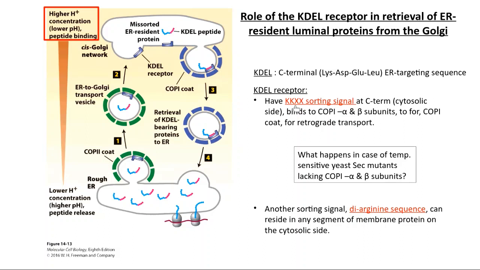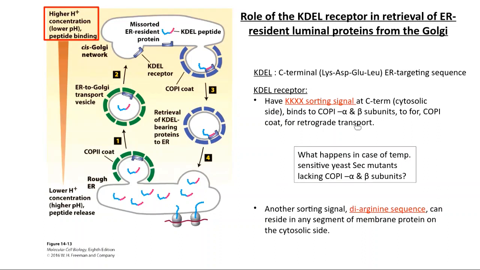These KDEL receptors have KKXX sorting signals at the C terminus. Okay, that is on the cytosolic side, binding to COP1 alpha and beta subunits for the COP1 coat for retrograde transport.